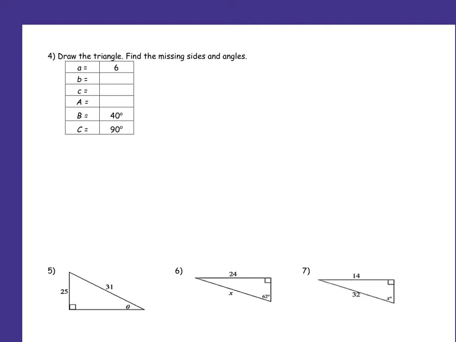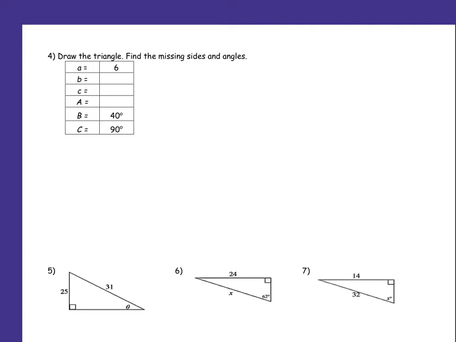I'm leaving my calculator up because we're going to need it for some calculations, so you can see how I'm using it. Remember, it needs to be in degree mode, not radian mode.